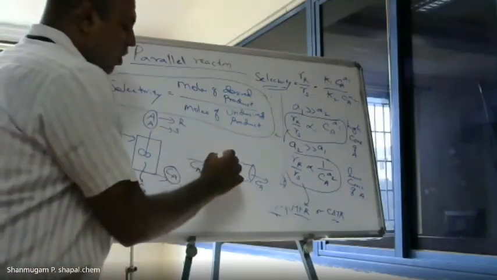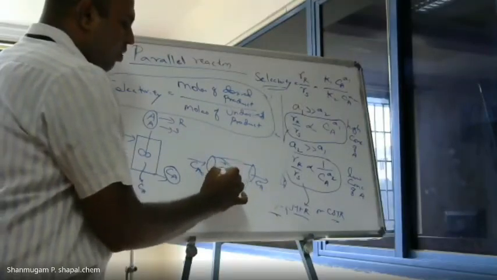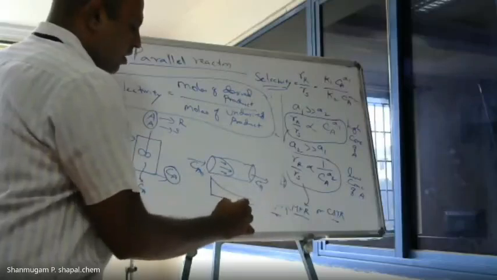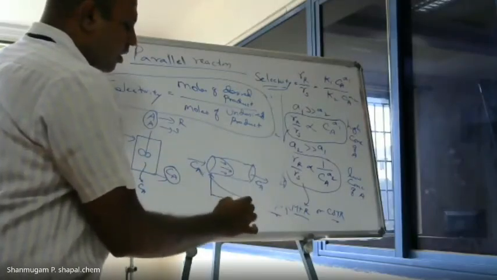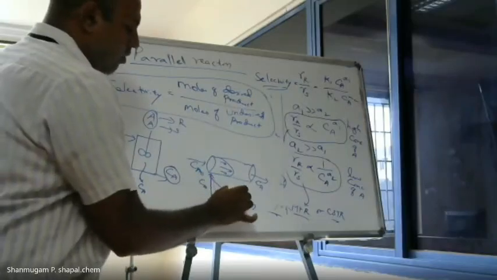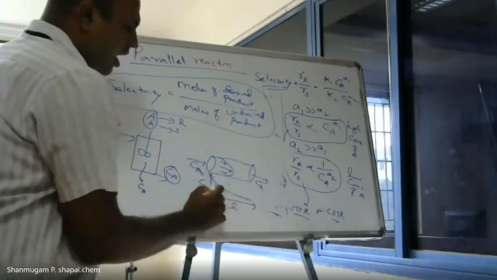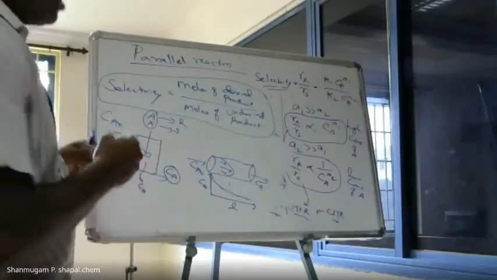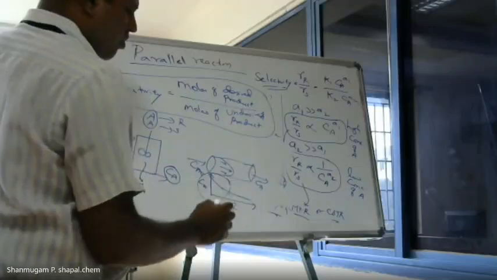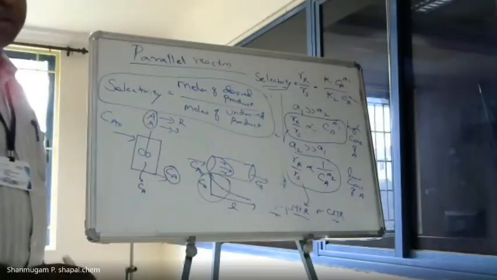But in the tube, the concentration keeps on decreasing with respect to the length. If you take length versus concentration, it keeps on decreasing. At the initial stage the concentration is very high, and it slowly goes down along the reactor.